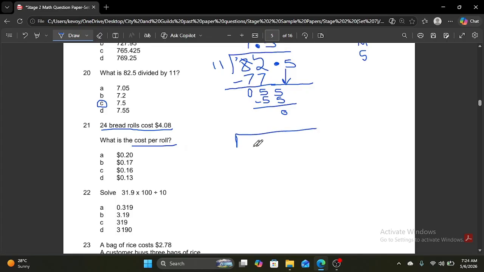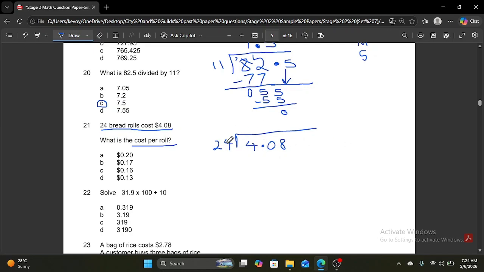We're going to divide 4.08 by 24. The thing with the City and Guilds questions is, if you don't know to divide, you're going to be in serious problems.